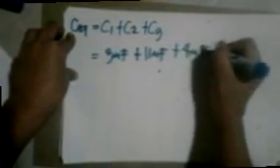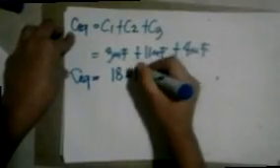That is 3 microfarad plus 11 microfarad plus 4 microfarad, and our C equivalent is equal to 18 microfarad.